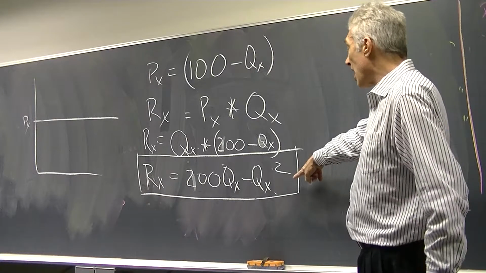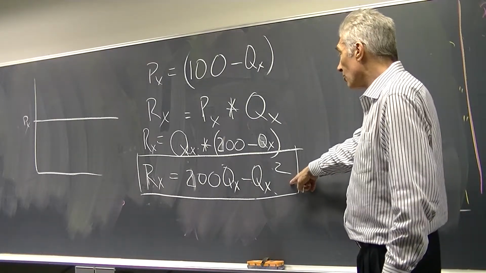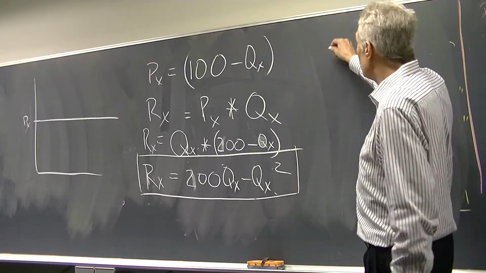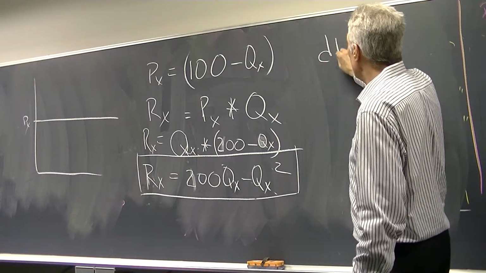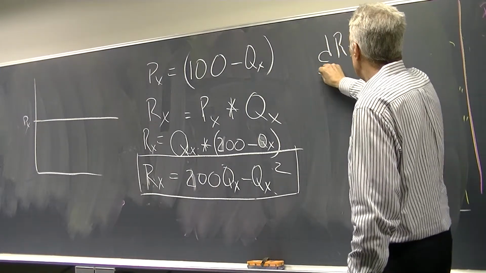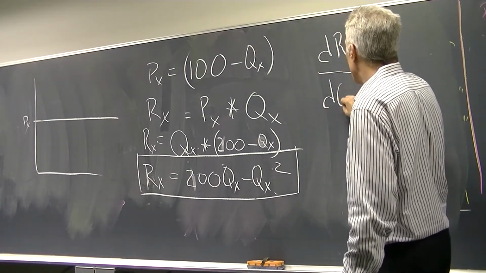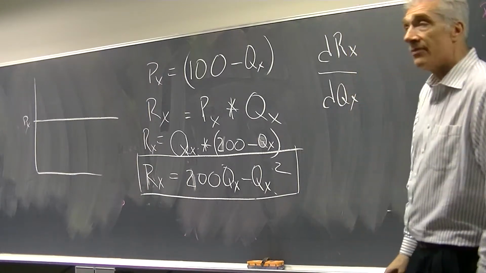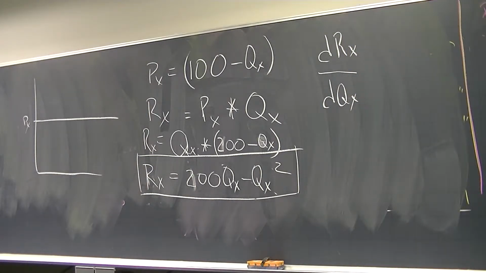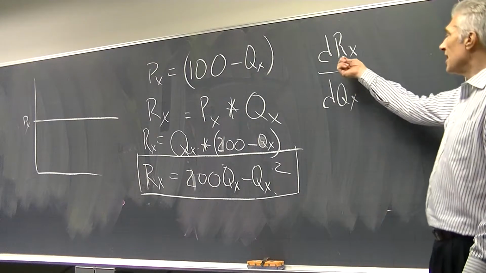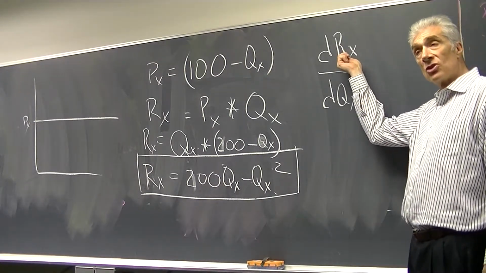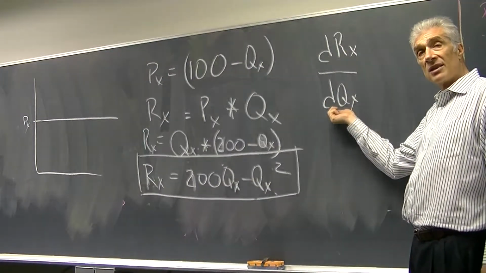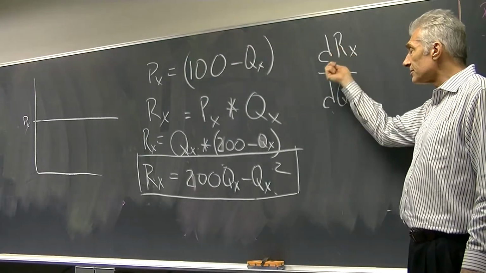Well, what's the marginal revenue? Marginal revenue is the change in revenue with the change in quantity. That's the first derivative. That's how the revenue changes with the change in quantity. That's our use of calculus.